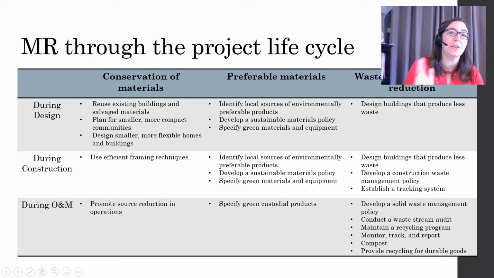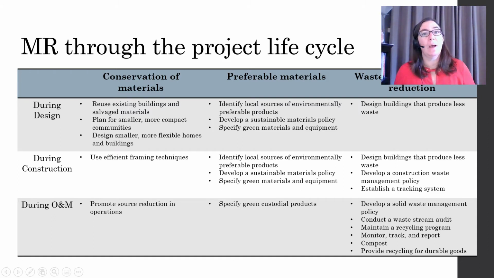These are all strategies for use during design. But there are some strategies appropriate for construction and operations. To use efficient framing techniques, again, we'll use less materials. And finally, to promote source reduction, and that's in the procurement of your operational materials.